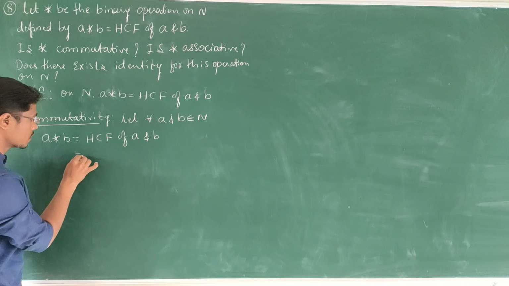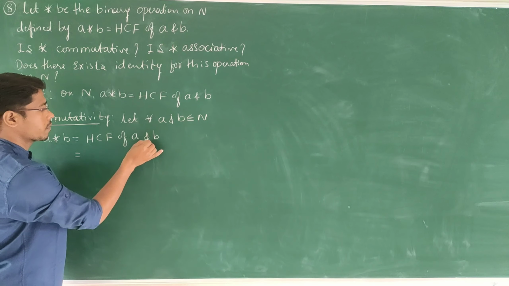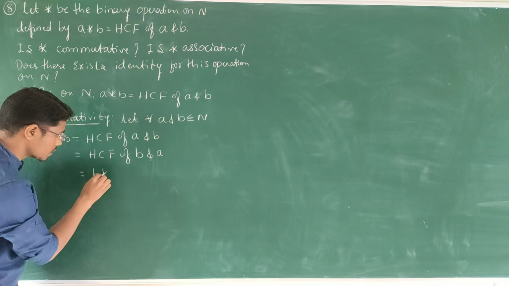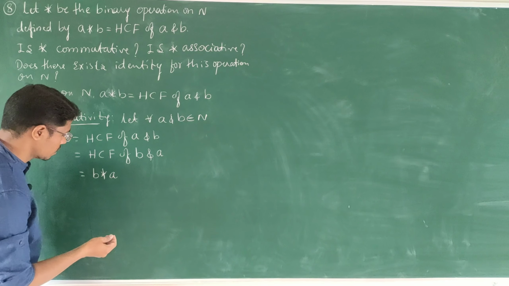So the HCF of A and B and the HCF of B and A are the same. So this is equal to the HCF of A and B, that is A star B, and the HCF of B and A, that is B star A.